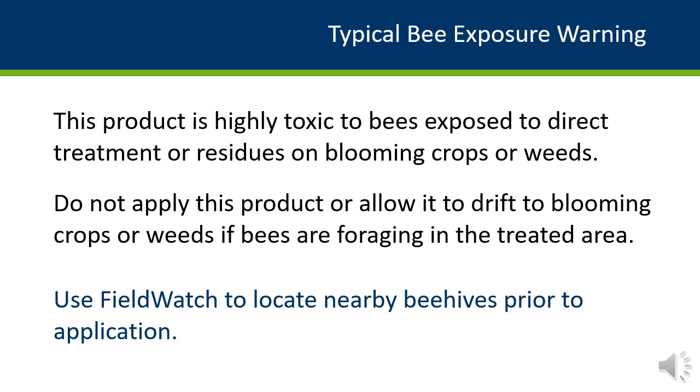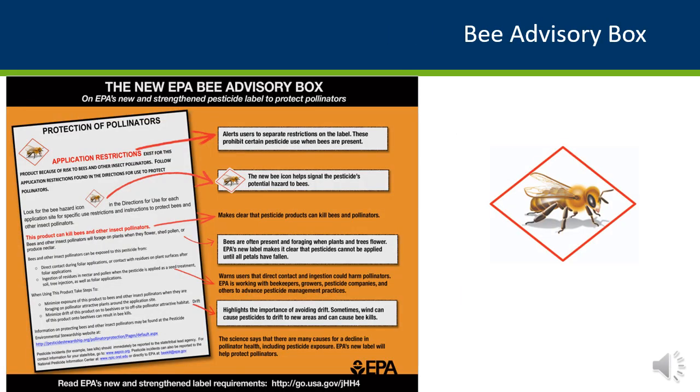For example, this product is highly toxic to bees exposed to direct treatment or residues on blooming crops and weeds. Use FieldWatch to locate nearby beehives prior to application. EPA introduced the Bee Advisory Box and Bee Icon on neonic labels due to their high risk to bees. Check the label for steps to protect bees from these applications.